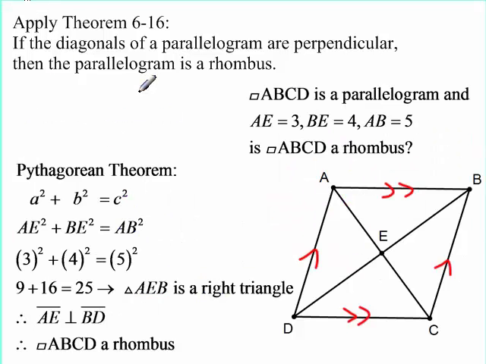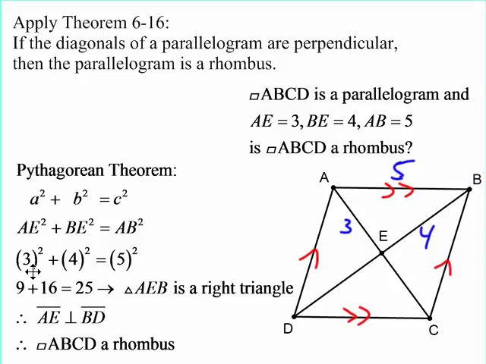Next theorem. Oh, it's the same thing. It's just the same theorem. It's just that we're going to use the Pythagorean theorem to do the job. So if you're given this parallelogram, and AE is 3, and BE is 4, and AB is 5, if you set that up, a squared plus b squared equals c squared. And if it works, then you know it's a right triangle.